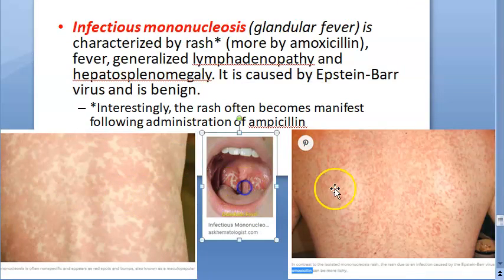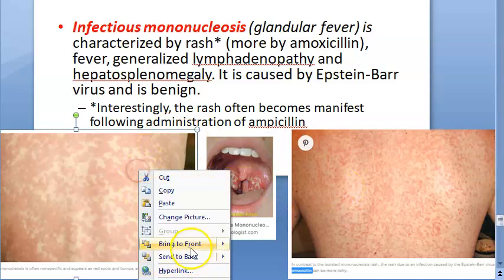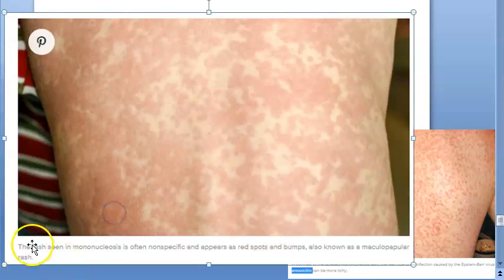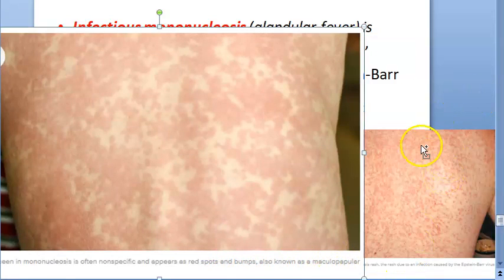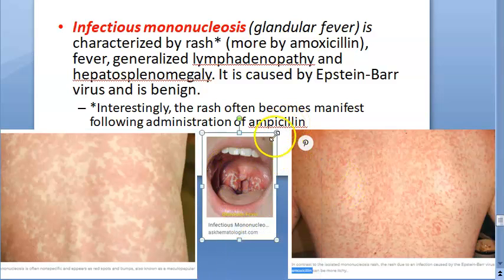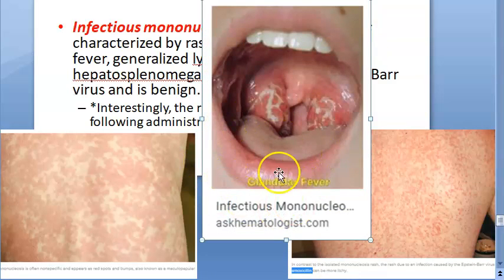Look at how infectious mononucleosis looks. Let us look at this. The rash seen in mononucleosis is often non-specific and appears as red spots and bumps, also known as maculopapular rash. Here also they use the word maculopapular rash, right? Infectious mononucleosis, glandular fever.